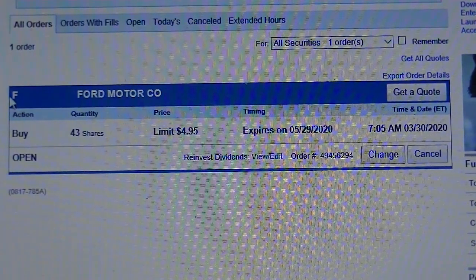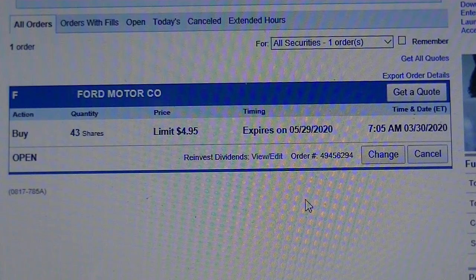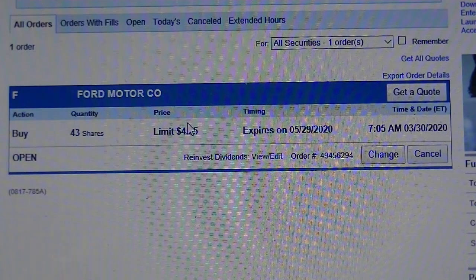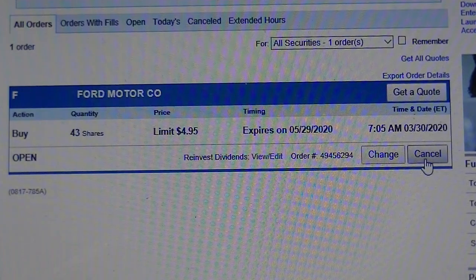So Ford, 43, the price, expires May 29. And yeah, it's going to be here. If it was during the day and I wanted to buy it, and I feel like the way the price is going, it's better I revise my price, I'll just click on change to change the price, or I'll click on cancel.